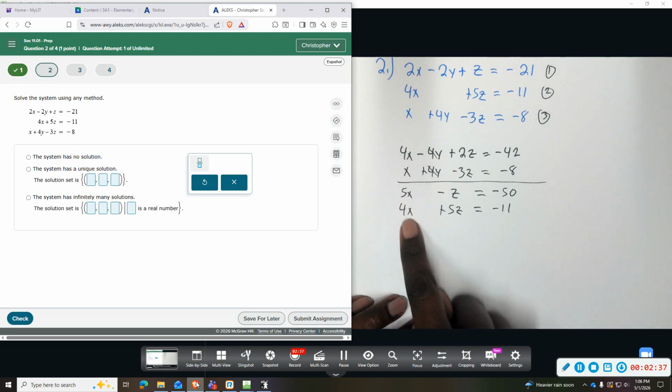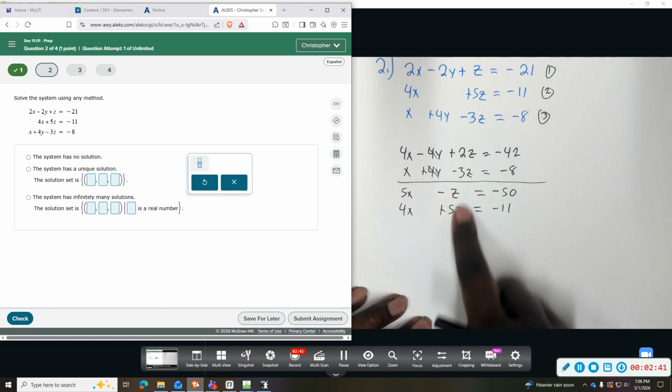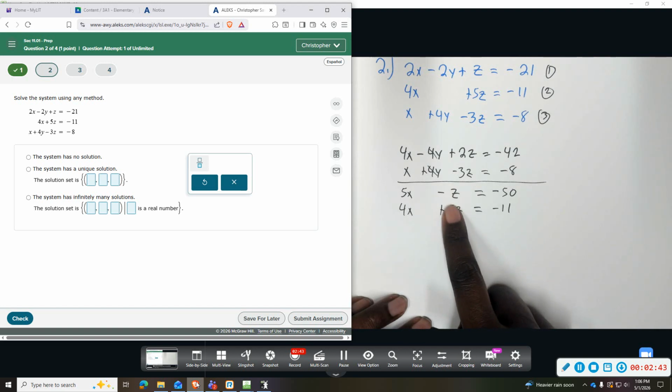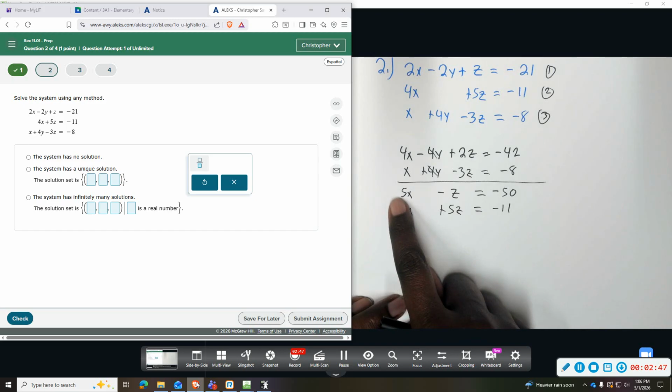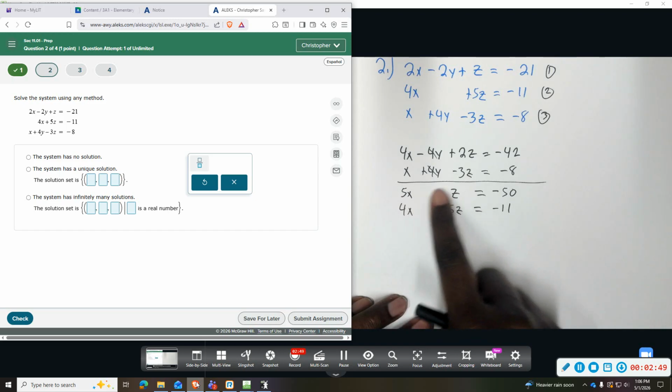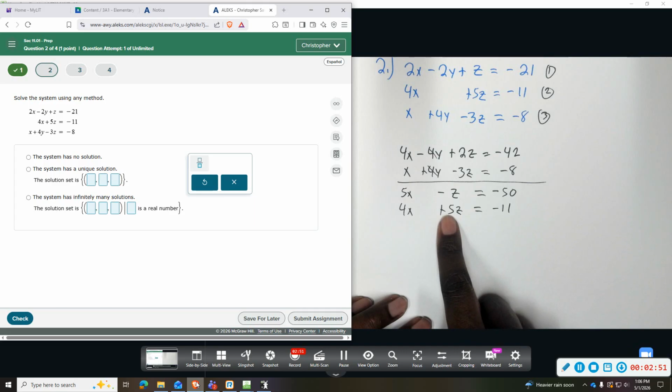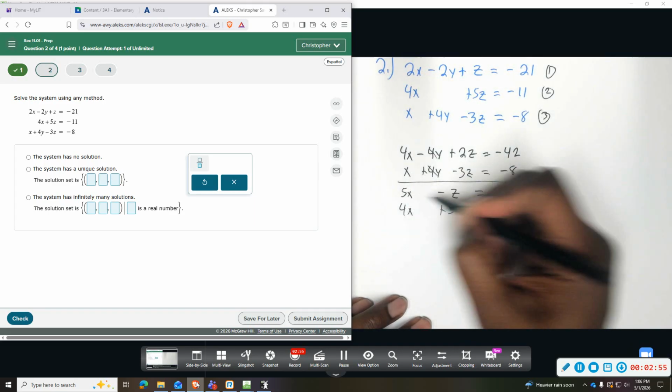I can multiply both by 4 and 5 to get rid of x, but I have to change the sign. These signs are already opposite, so it would be better for me to multiply by 5, and I'll have the opposite sign already and just change the number. So multiply by 5, this row.